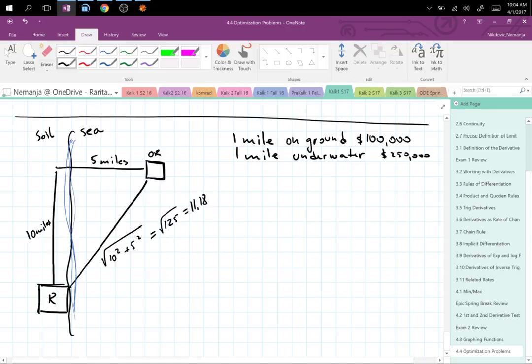That is the hypotenuse of this triangle. I'm going to change the color of this line to blue because it's completely underwater. So choice 1 is going to be the black line, and choice 2 is the blue line.